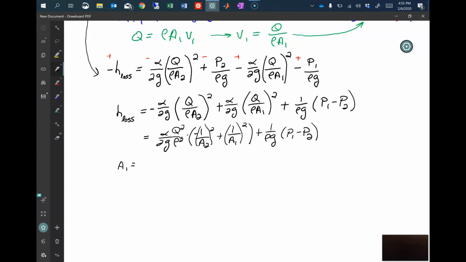So the area 1 would be 1/4 pi times the diameter squared. The diameter is 15 centimeters, so that'd be 0.15 meters. Area 2 is equal to 1/4 pi times the diameter 8 centimeters, 0.08 meters squared.